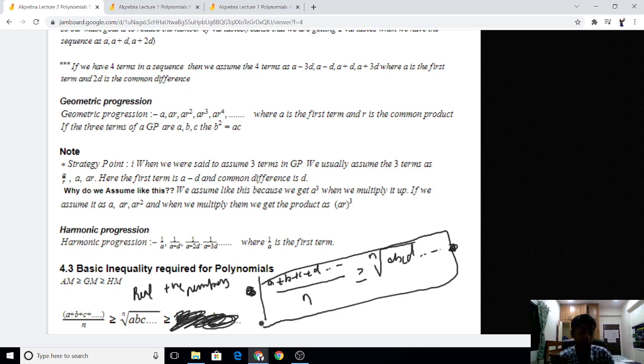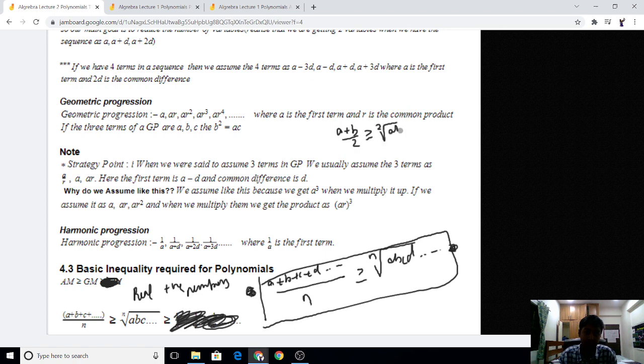In the next lecture I would be making you solve problems on this. When you solve problems on this, you'll clearly understand why I have used it. This is known as the AM-GM inequality. It is even true for a plus b by 2 is greater than or equal to the square root of ab.